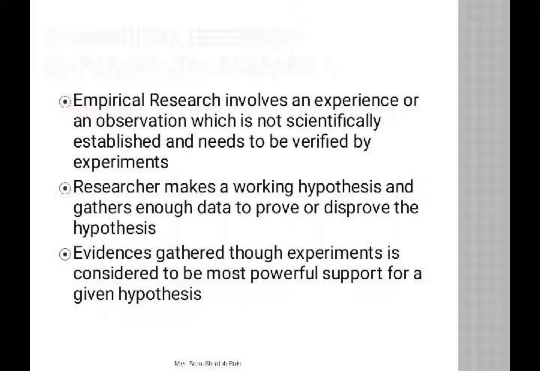Whatever experiments you are doing, whatever observations you are getting, you have to arrange them. Whenever we are doing any type of research, that research is a combination of two or three types. For example, you are doing an experimental research. In doing the experiment, a lot of data is going to be generated, right?